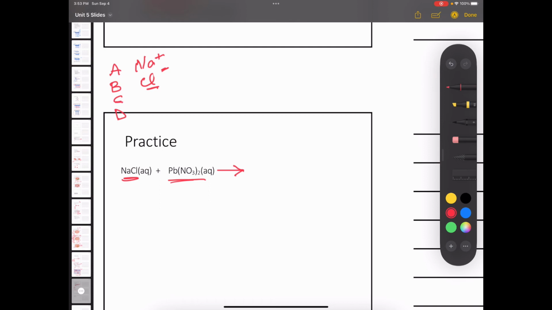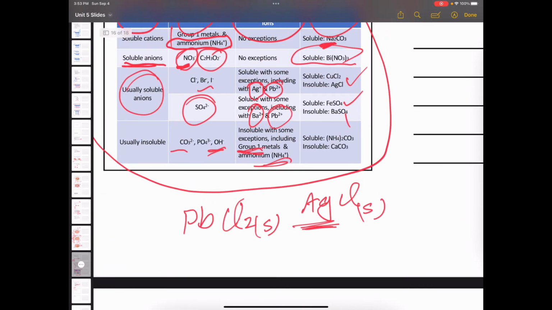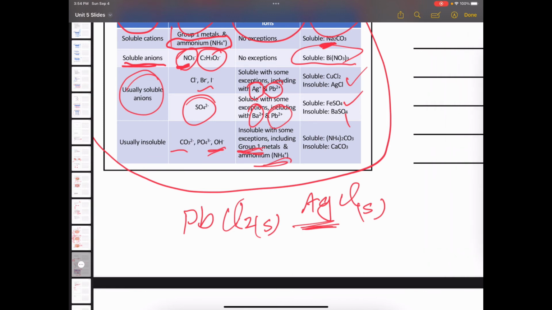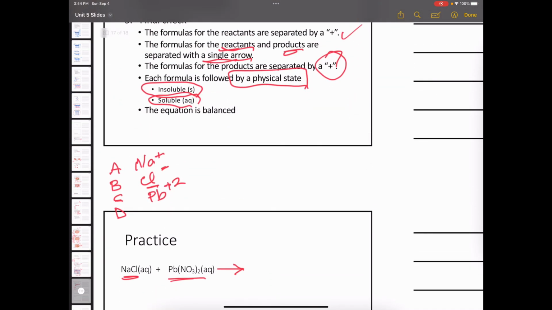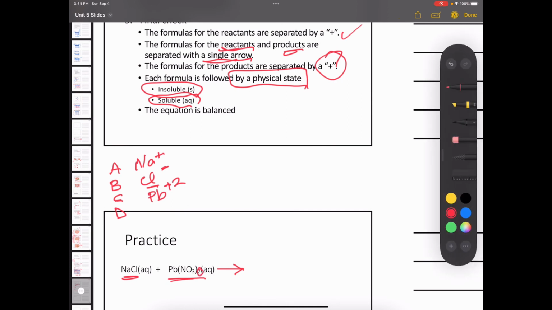So, my C now, Pb. And Pb is a positive 2. You can tell this from the chart that will be given to you in the exam right here. So this is lead right here with a positive 2 oxidation number. That could be a way of telling the oxidation number for the lead. Or at the same time, if you look here and pay attention to the 2 down here for the nitrate parentheses, that means it's the swapping of the oxidation number between the Pb and the NO3.